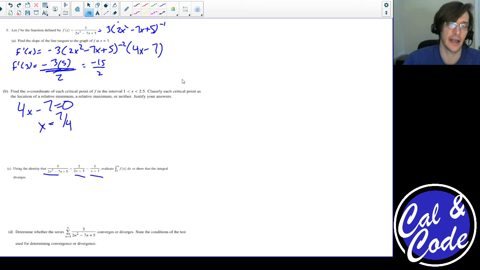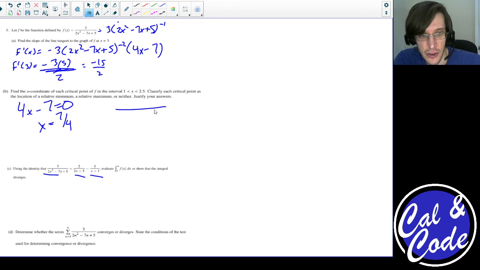So what I need to do is find out what's happening on either side of 7/4. And if I can find out what's happening on one side, I know what's happening on the other side due to multiplicity's sakes. So if I put in something like 2 into here, I will find that what I end up with is something that's negative. So this function on one side of 7/4 is decreasing, on the other side of 7/4 is increasing.